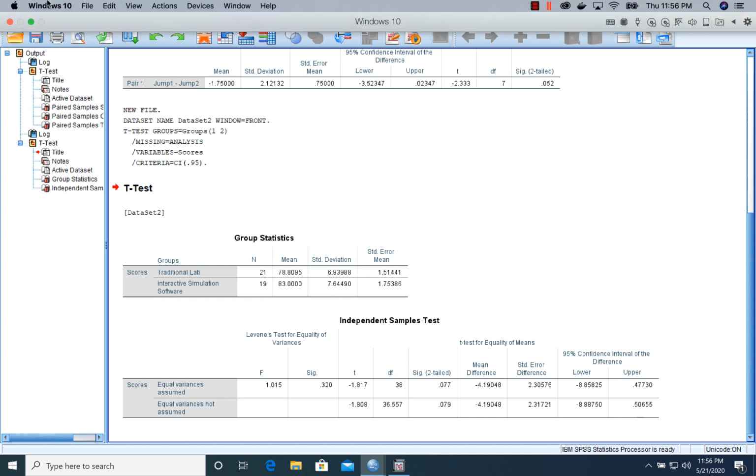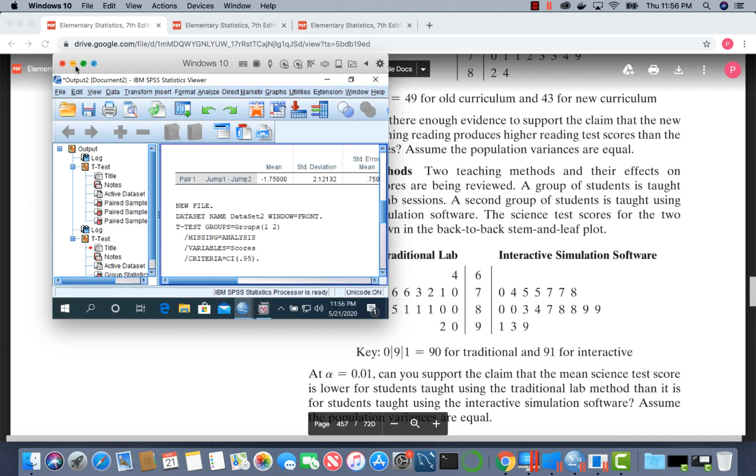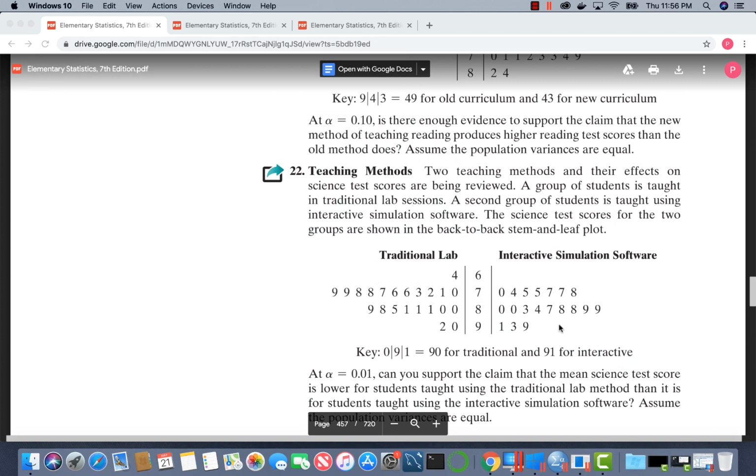So let me minimize this. Let's go back to our question here. Again, we're not interested in what they said because SPSS generated both scenarios. So let's take a look. Alpha was 0.10.